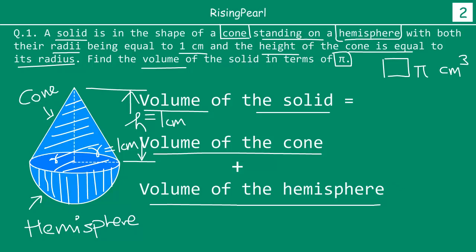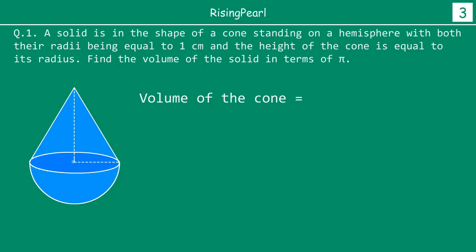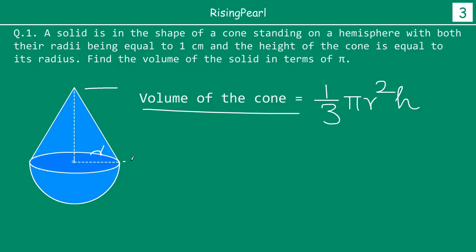Now let's find out how to solve this. The formula for the volume of the cone is 1 by 3 pi r square h, where r is the radius and h is the height.